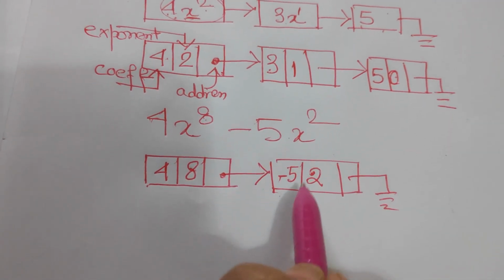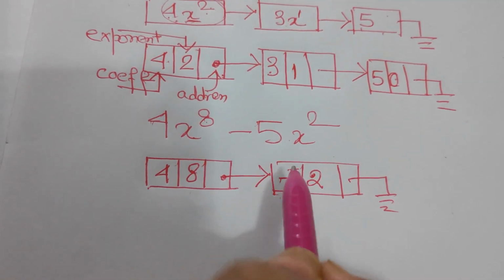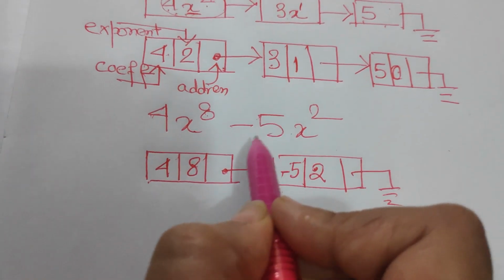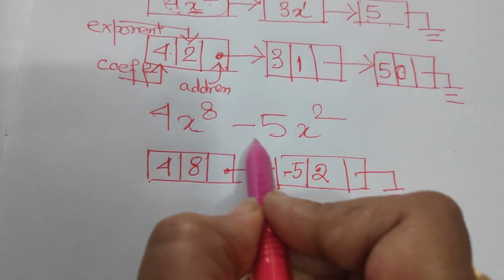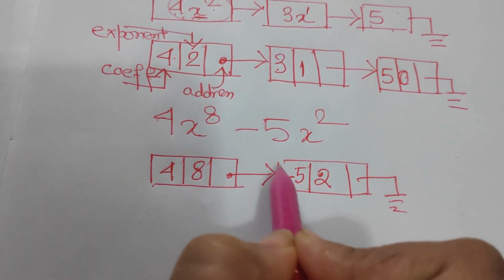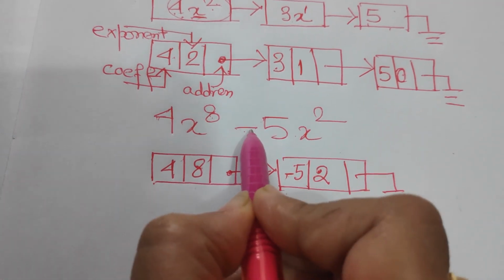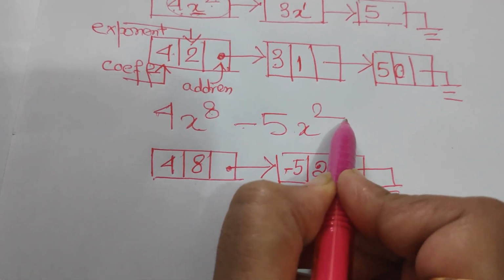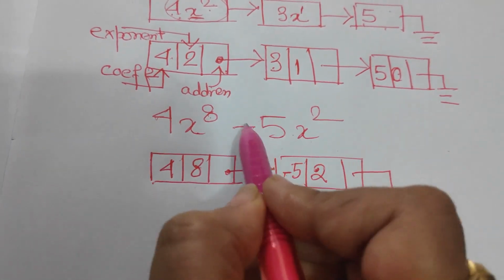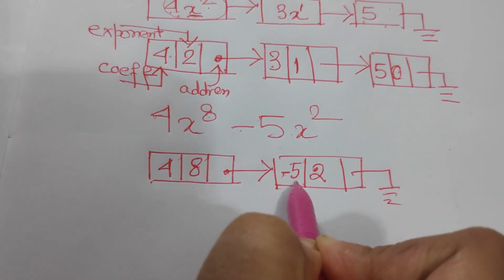Now, this example I am showing you to let you understand how you represent a negative term. When you have a negative term in your polynomial, you see this negative, minus 5x squared. Therefore, the coefficient of this term is taken as minus 5.